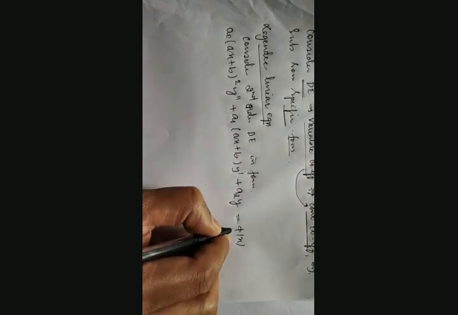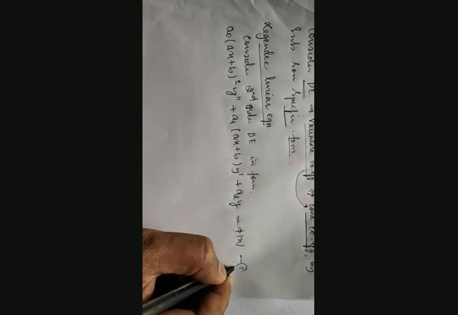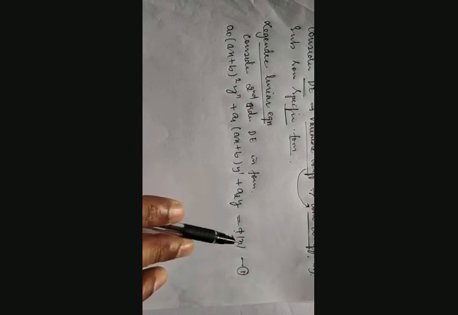If this phi of x is 0, then this is called a homogeneous differential equation. If this phi of x is non-zero, then it will be called a non-homogeneous differential equation, and this phi of x must be a function of x.